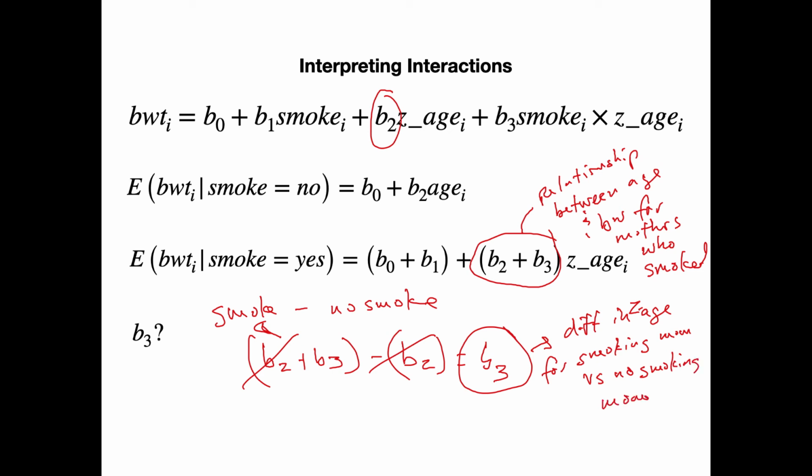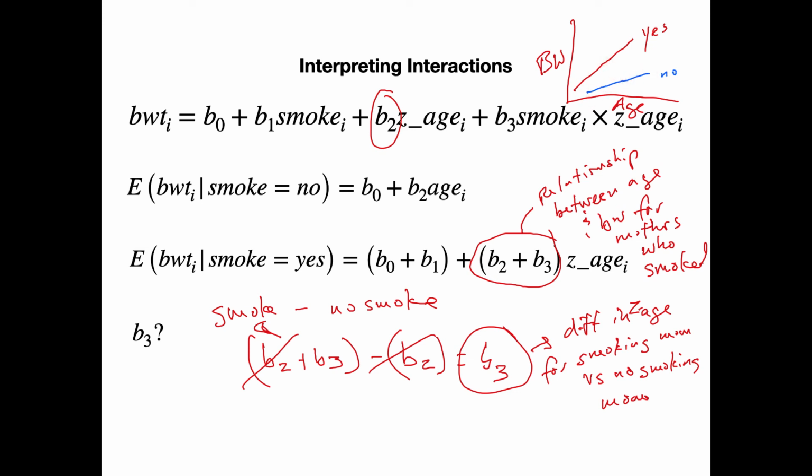If we think about it this way, we've got the smoking mom slope and the no smoking slope. This is no, this is yes, this is birth weight, this is age. This slope differs from this slope.